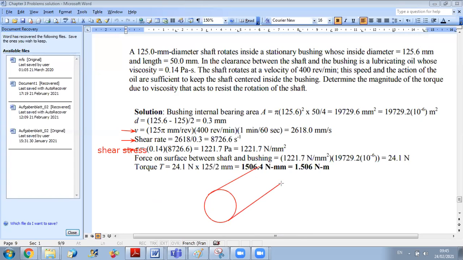What is your peripheral area if you want to calculate it? You have that the total length is given. I have a length of 50 millimeters. So this is my shaft. The length is 50 millimeters, and the diameter is given.